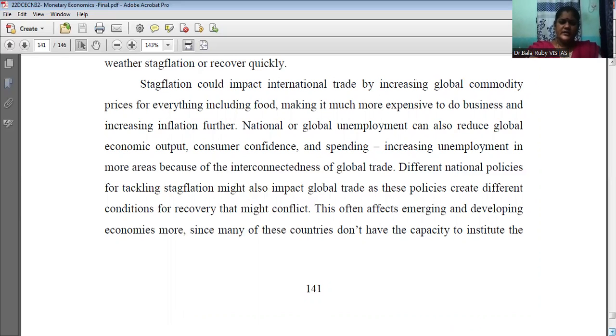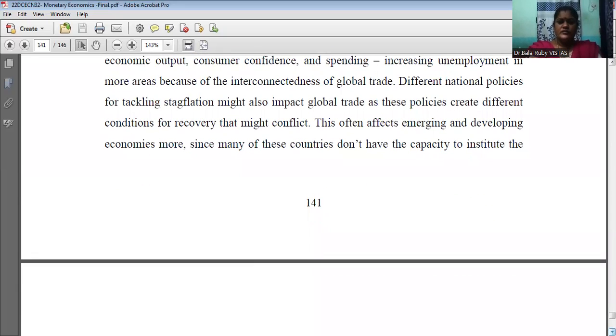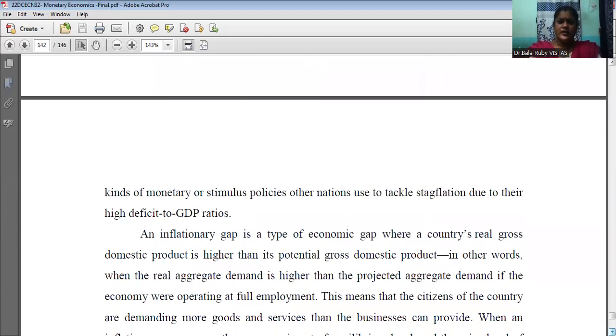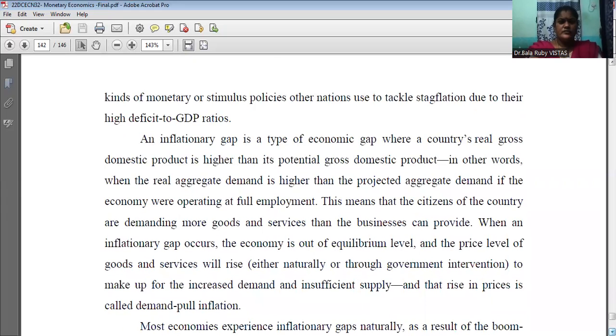Different national policies for tackling stagflation might also impact global trade as these policies create different conditions for recovery that might conflict. So this often affects emerging and developing economies more, since many of these countries do not have the capacity to institute the kinds of monetary or stimulus policies other nations use to tackle stagflation due to a high deficit to GDP ratio.